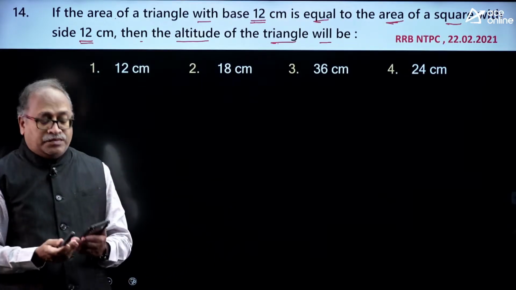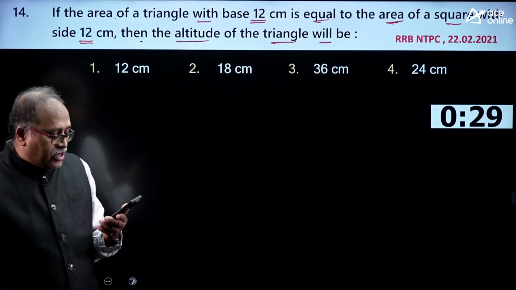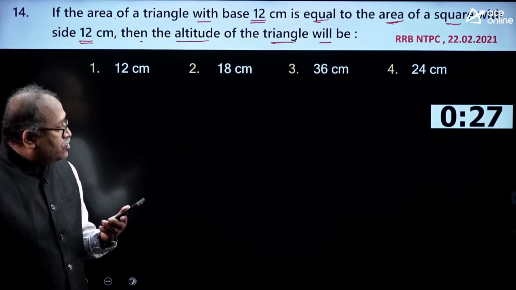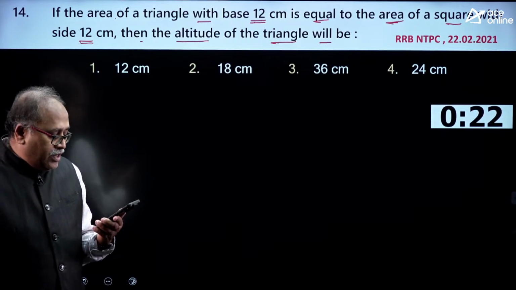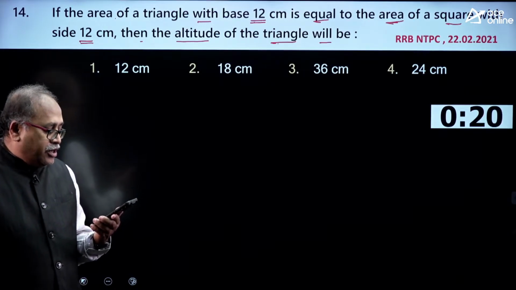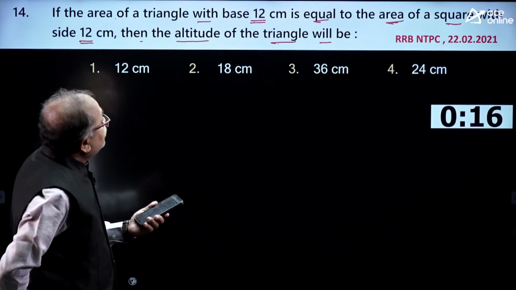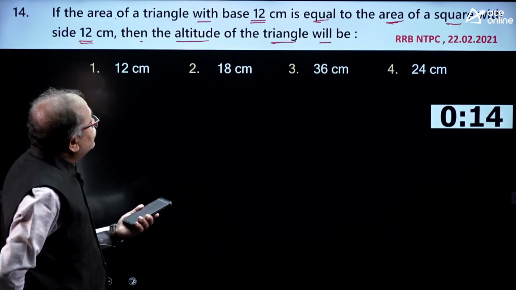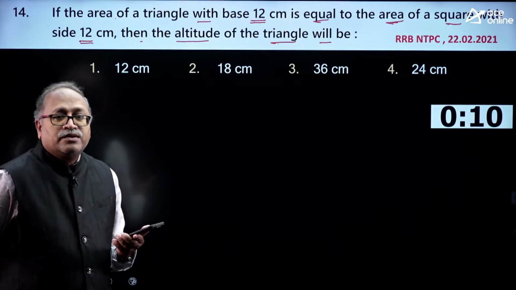No. So, your 30 seconds starts now, and here you are saying 24. Anyone else? You have a doubt? Double. Okay. Double of 12 is 24. Yeah, that's right.